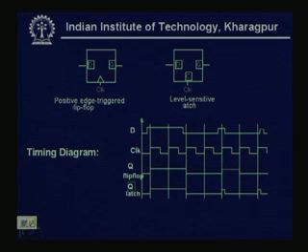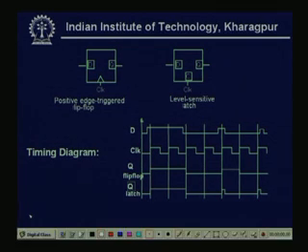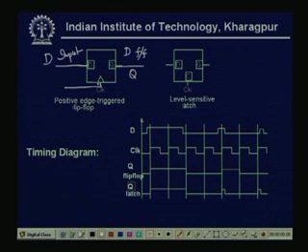So, we see that it is a positive edge triggered flip flop. This is a normal D flip flop, this is my D input, this is a D flip flop, and this is the Q output. One clock input is there, and this is positive edge triggered.